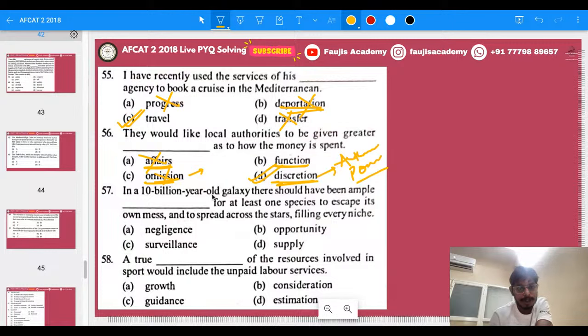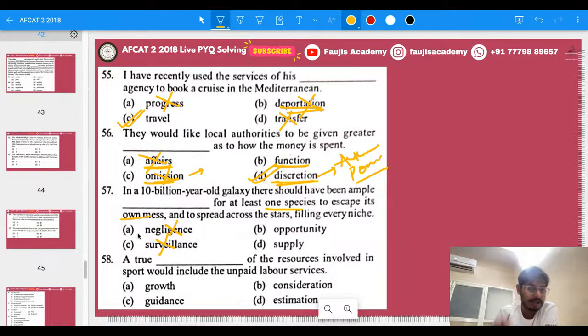In a 10 billion year old galaxy, there should have been ample dash for at least one species to escape its own mess and to spread across the stars, filling every niche. Ample negligence? Ample intelligence? Ample surveillance?